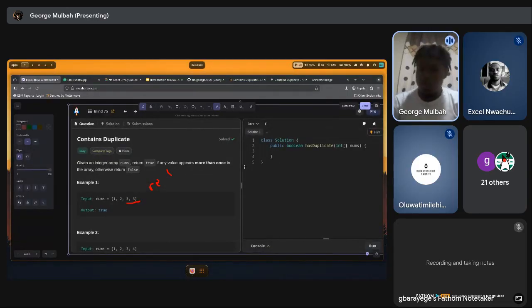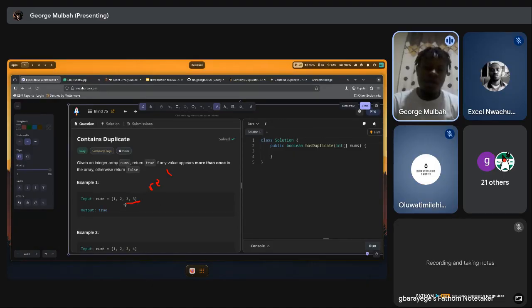So one of the things I experienced in interviews was being told to go into a Google Doc. You are given an integer array nums, return true if any value appears more than once in the array, otherwise return false.